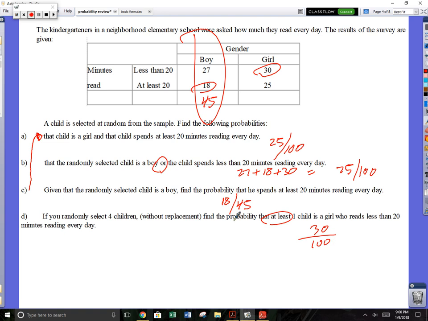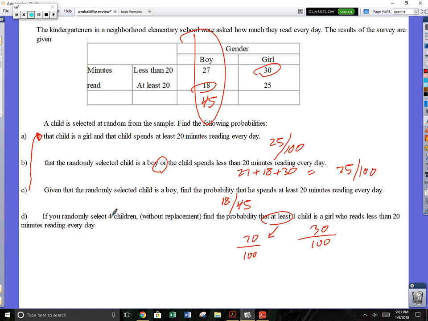Okay, but because it's at least, I'm not going to focus on the winners. I am going to focus on everyone else. All the boys, or these 25 girls that read at least 20 minutes. So 70 out of 100 are not girls who read less than 20 minutes.